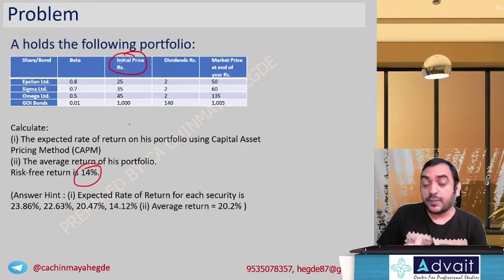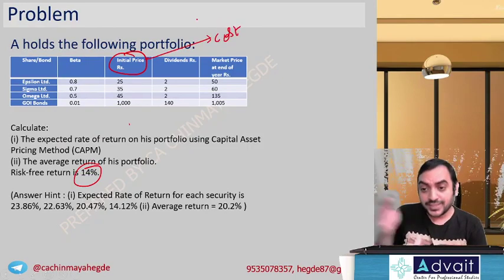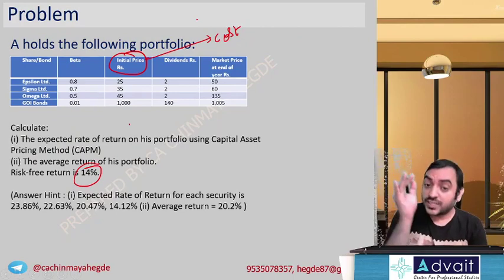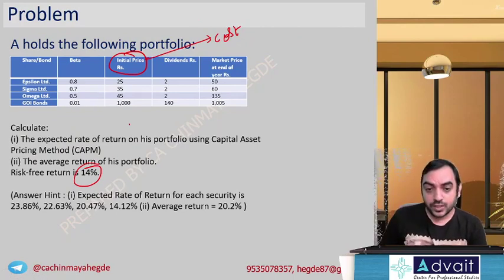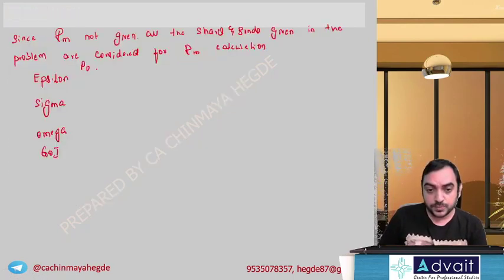Sometimes here they mention price, sometimes they use the word cost. Please understand, if they use the word cost, it means P0 only. So 25, 35, 45, 1000.